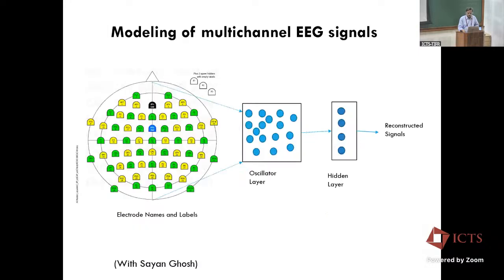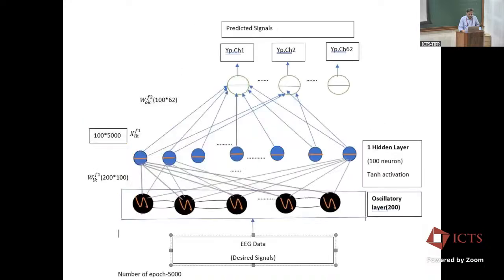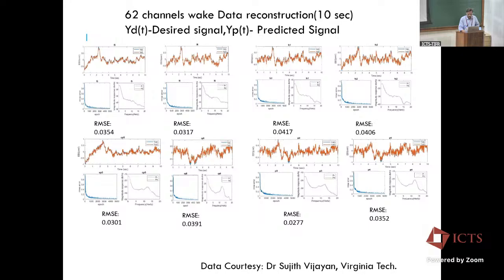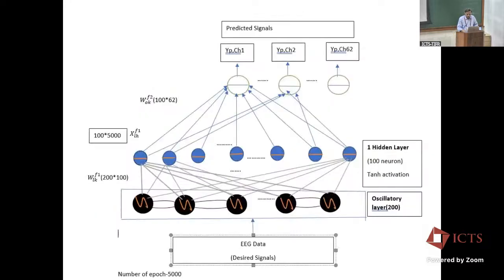Okay, so to get to model real-world brain data, we began with the EEG, some bunch of EEG work. This data was shared by Sujit Vijayan at Virginia Tech. He gave us a bunch of EEG data in waking and various sleep states, REM, NREM, NREM1, NREM2, and all that. This time we use a slightly different architecture. In the previous case, the architecture is very simple.